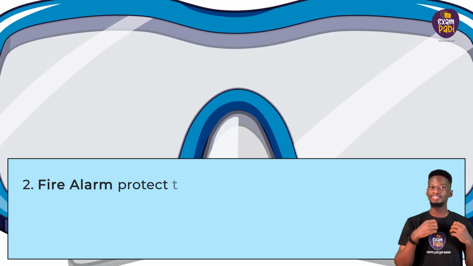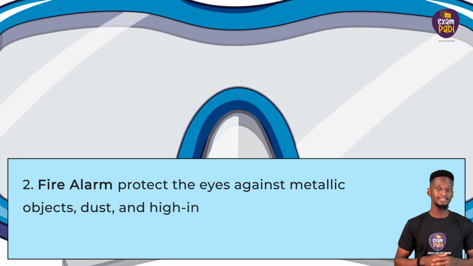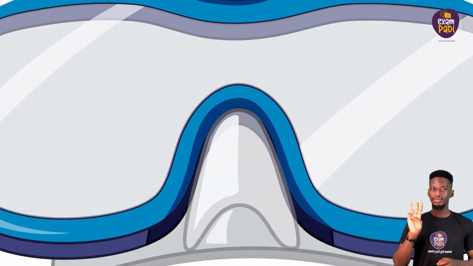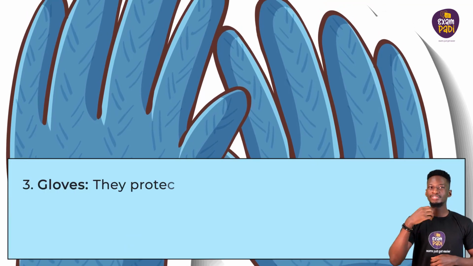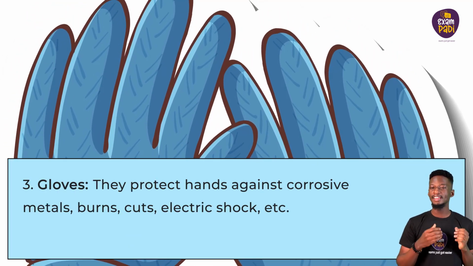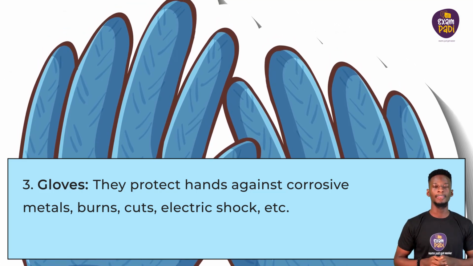Goggles and visors protect the eye against metallic objects, dust, and high-intensity lights. 3. Gloves. They protect hands against corrosive metal, burns, cuts, electric shock, and so on.